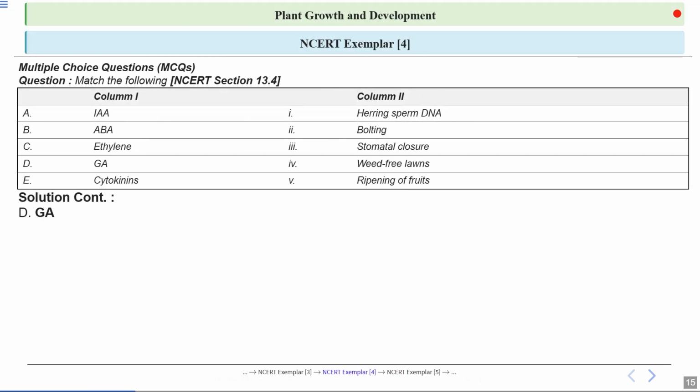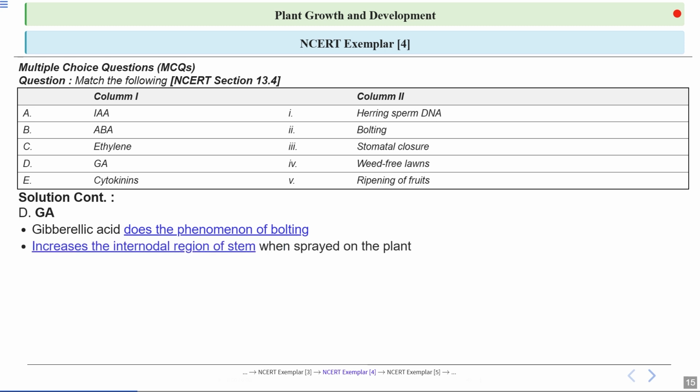D is gibberellic acid, and gibberellic acid does the phenomenon of bolting. So it is matched with column 2, second option. Gibberellic acid is responsible for the phenomenon of bolting, which is when a plant rapidly grows taller, often before flowering. So what does it do?